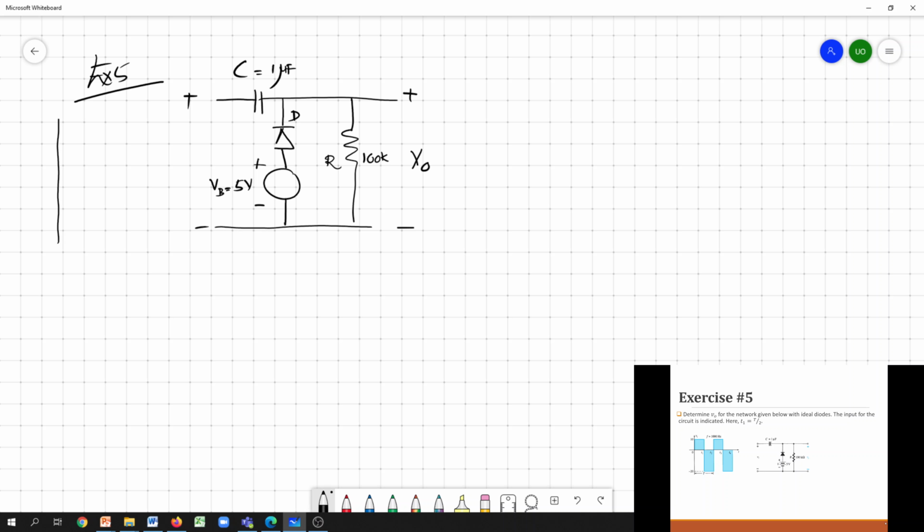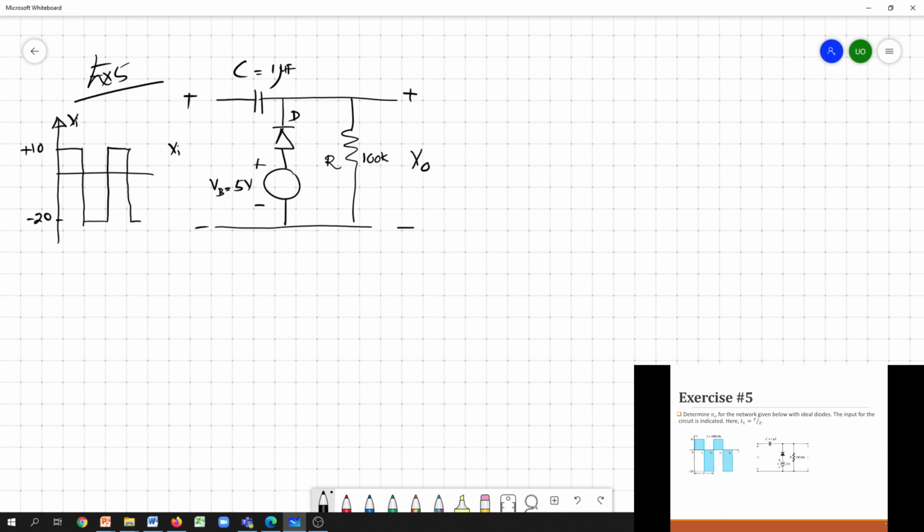The voltages are asymmetric, so they are not symmetric. We have plus 10 volt for the positive cycles. So this is your input, and minus 20 is the voltage during the negative cycles.